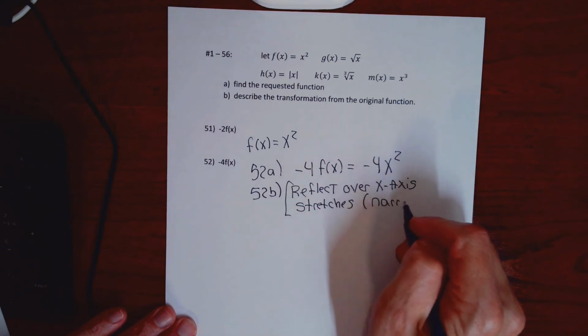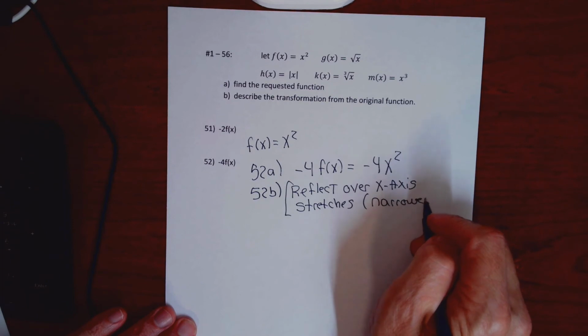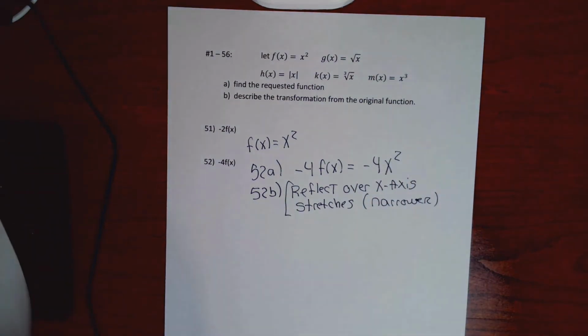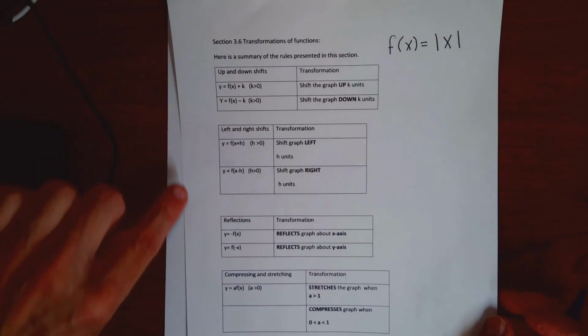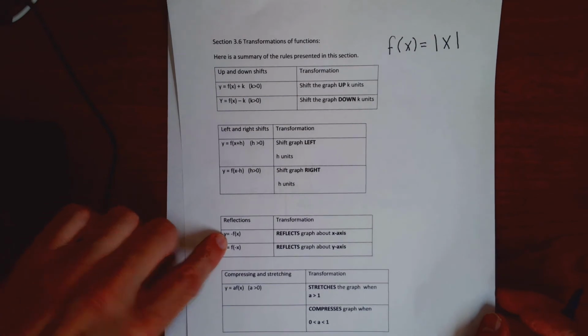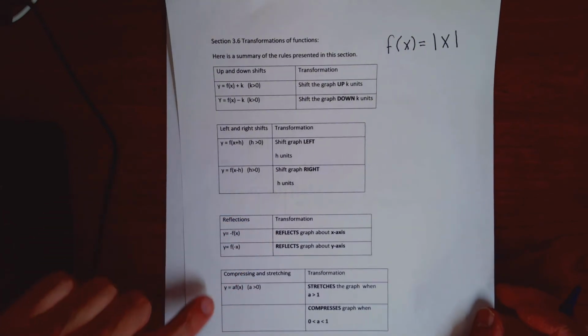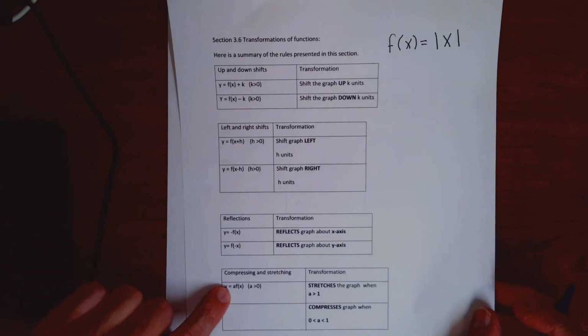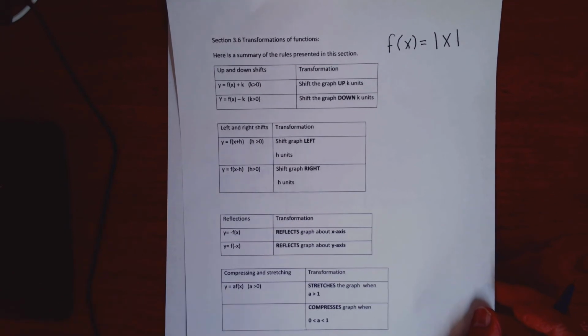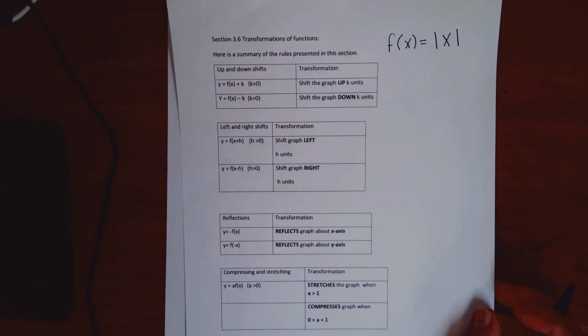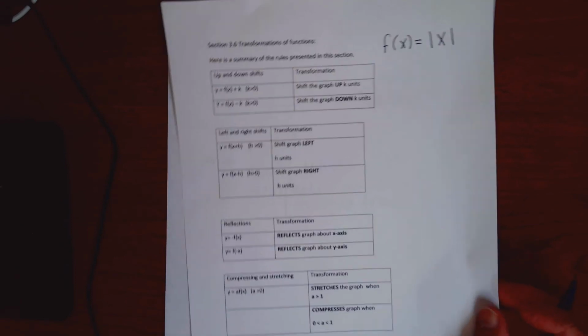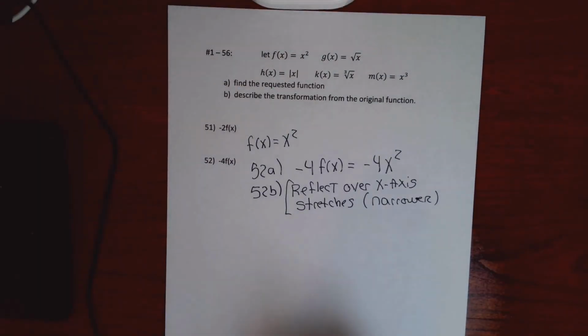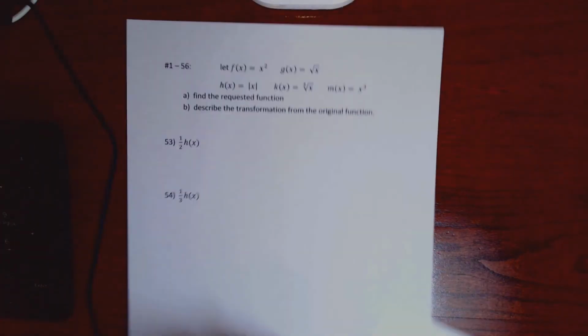But the proper thing to say from my table, which is more proper than saying narrower, is that it stretches. Again, the negative out front, even though it was attached to a 4, is going to reflect it over the x-axis. The number, if it's in front, is bigger than 1, absolute value-wise, it's going to make it stretched or make it narrower in an absolute value or in a square function.